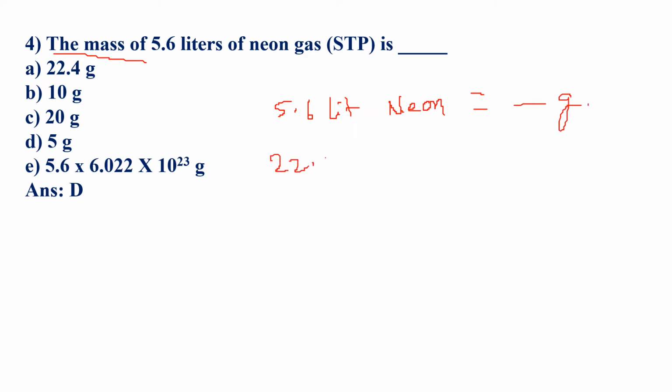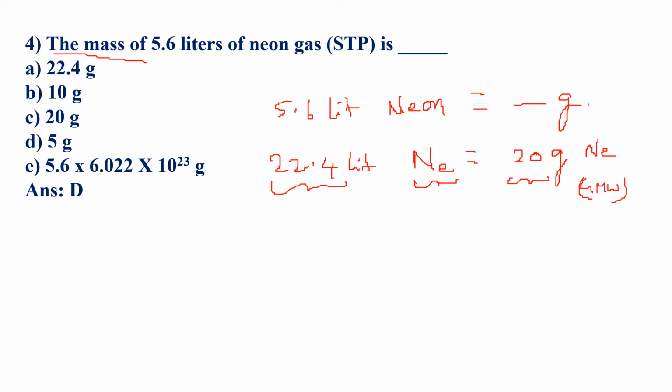Indirectly, 22.4 liters of neon gas is equal to 20 grams of neon. This is a standard statement; for any gas, 22.4 liters is the respective gram molecular weight. So 5.6 liters is equal to X. Then crisscross. What do you get?